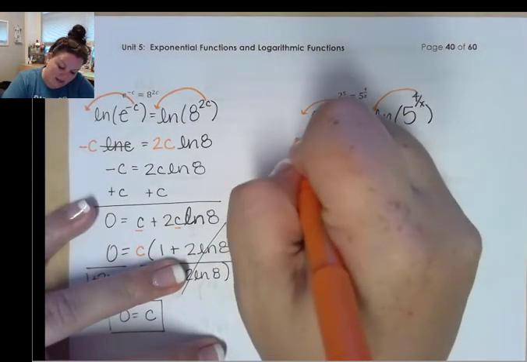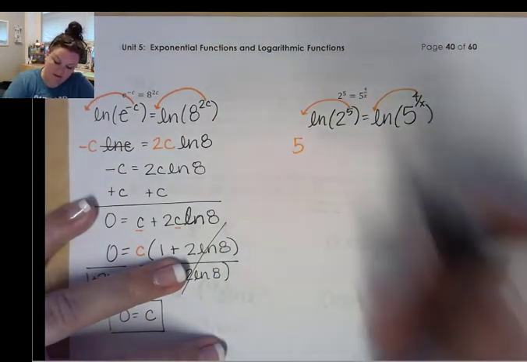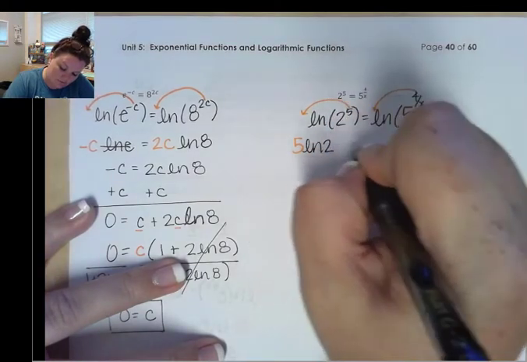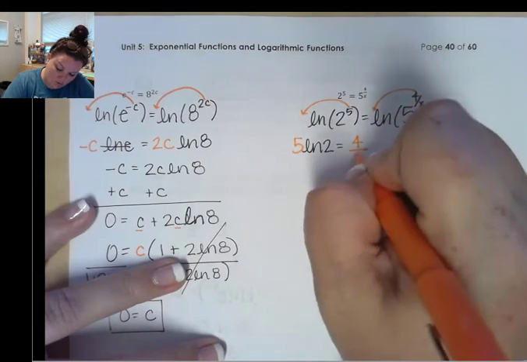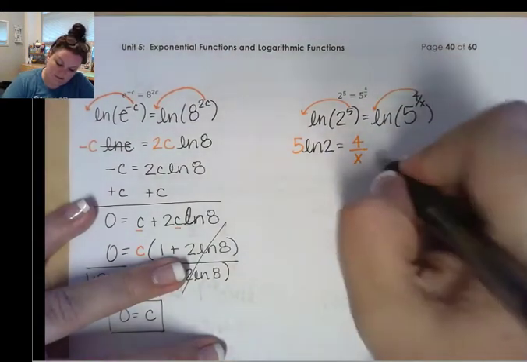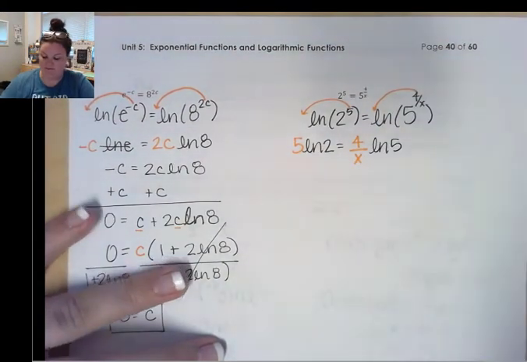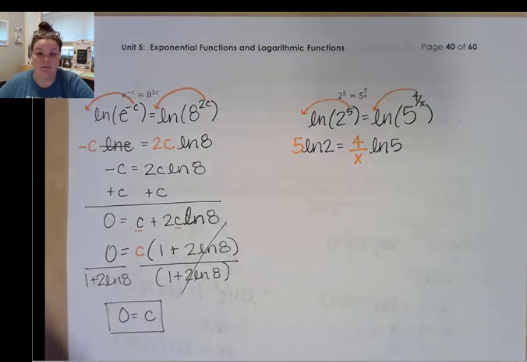So now I'm going to have 5 ln 2 is equal to 4 over x times ln 5. Okay. And then from here, this is something I should be able to solve for. Okay. Remember, I'm solving for x. Everything else is just normal numbers.